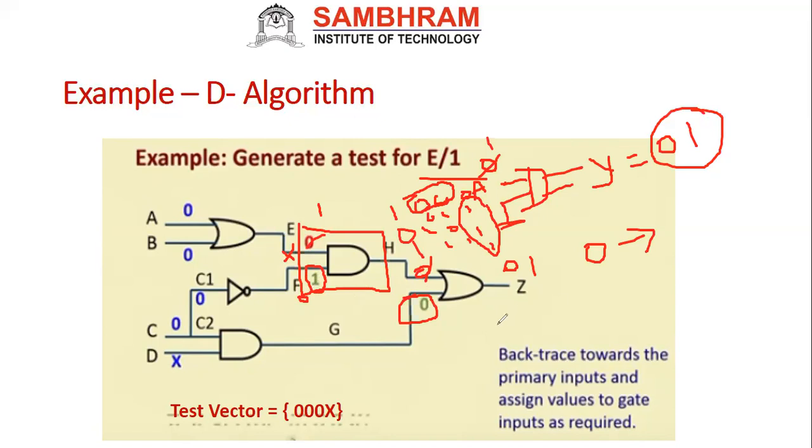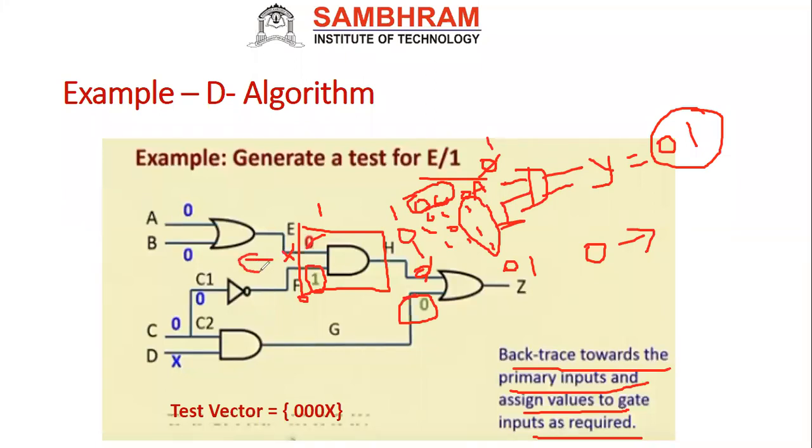That is the reason. So what I should do now is a back trace, towards the primary input, and assign values to get the inputs as required. How can we back trace? Simple example: this is 1, this is 0, we fix it. Now from here we have to back trace.